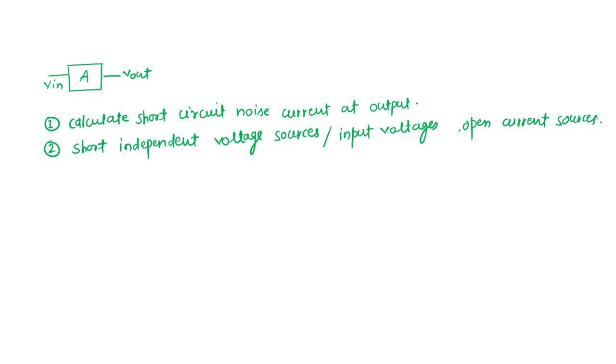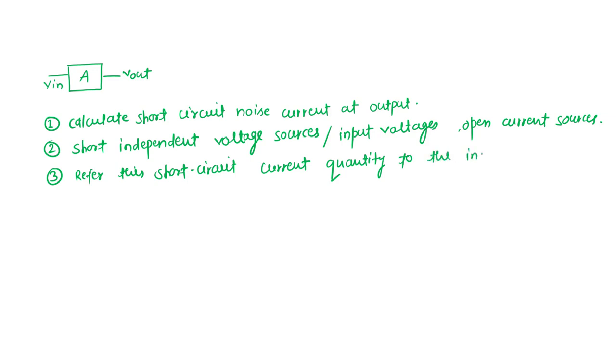Okay, so these are the two things that we have to do. And once we have calculated the short circuit noise current at the output, then we have to refer this short circuit noise current quantity to the input.